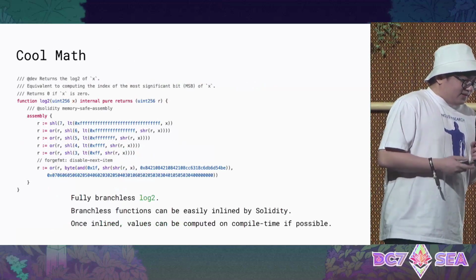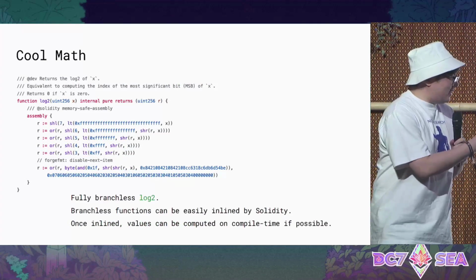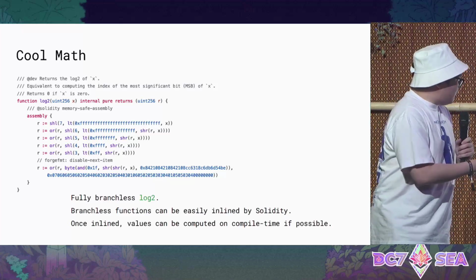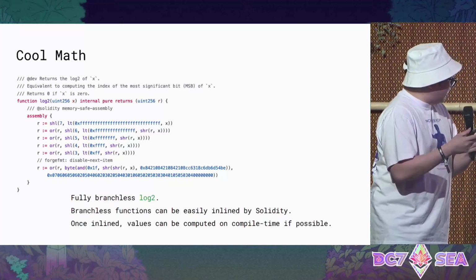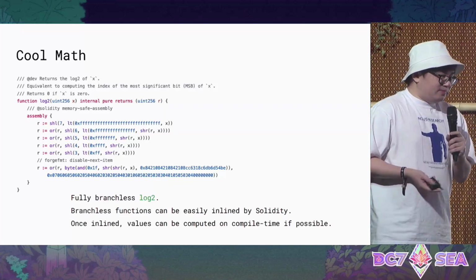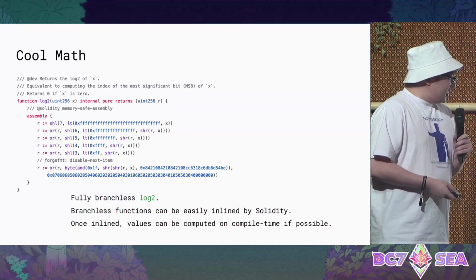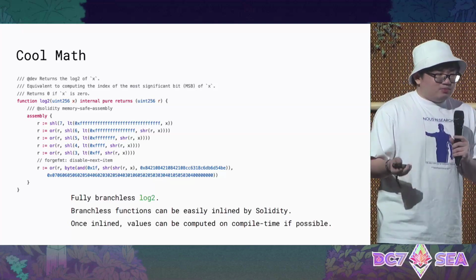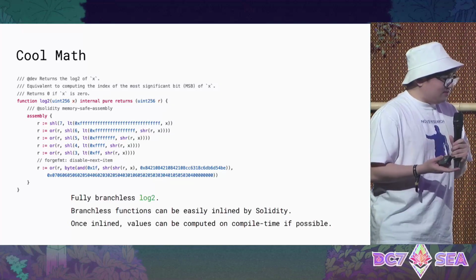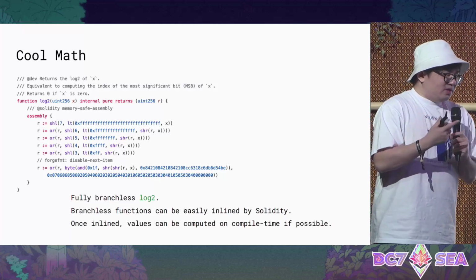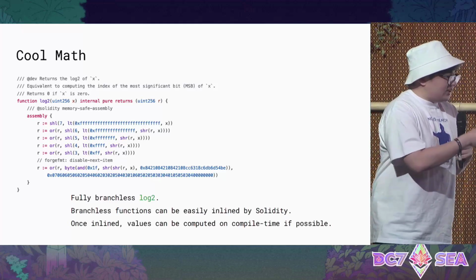Okay, then Inline-Assembly also allows us to make some cool math. You don't need to understand what the math is about, but there are some opcodes like the byte opcode and the branchless opcodes that allow us to make math faster. For example, in this log2 method. And the advantage of having a fully branchless function that is inline, which is possible with Inline-Assembly, is that when the Solidity compiler tries to optimize, it will first check whether a function has any branches.